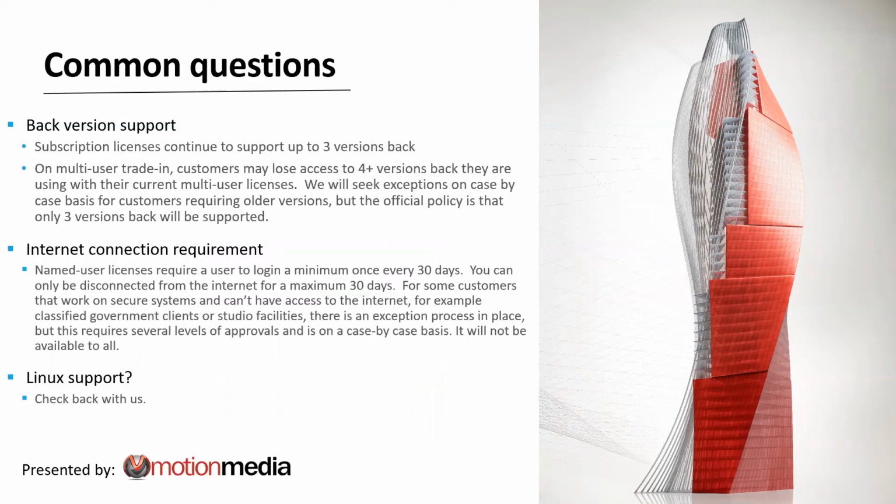So if you're on Maya 2020, you already get 2017, 18, 19, and 20. If you're on 21 of 3ds Max, you have Max 18, 19, 20, and 21. But there are people that are using Maya 2016 or 3ds Max 2017. And when you go to the subscription, you're not going to have access to that.